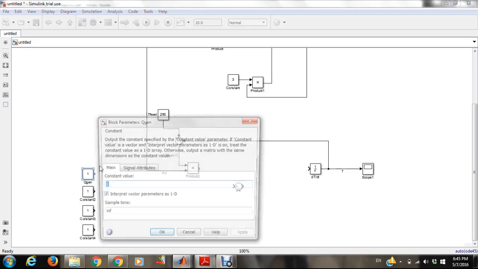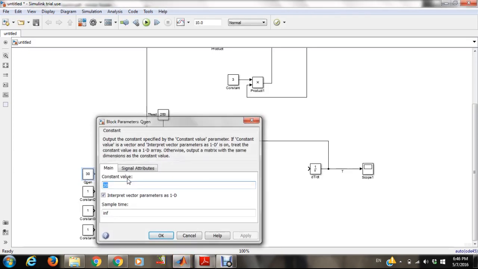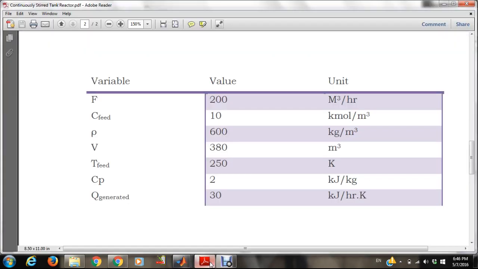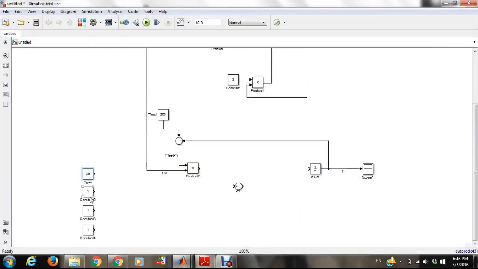So Q gen is 30. Second one is rho, which is 600 kilograms per meter cubed. I can call it density.